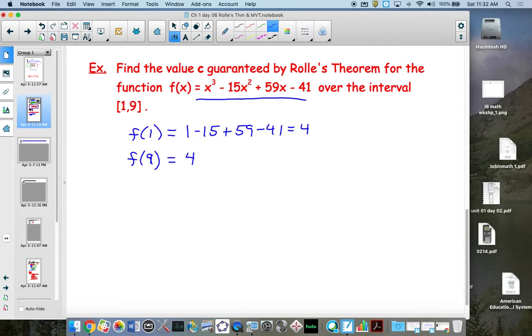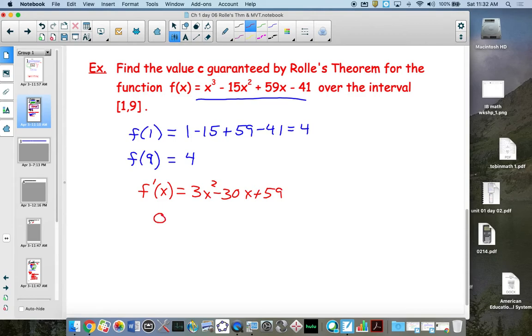So all this is saying is we need to find a point somewhere in the interval from 1 to 9 where the derivative equals 0. So I guess we find the derivative and we set it equal to 0. 3x squared minus 30x plus 59.